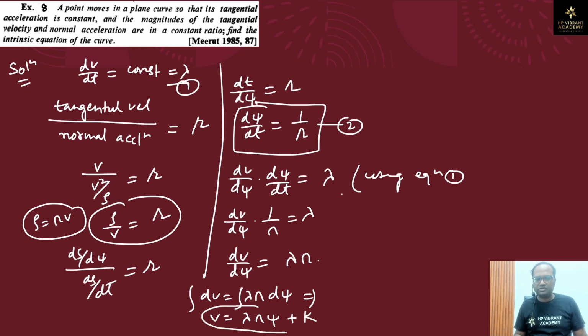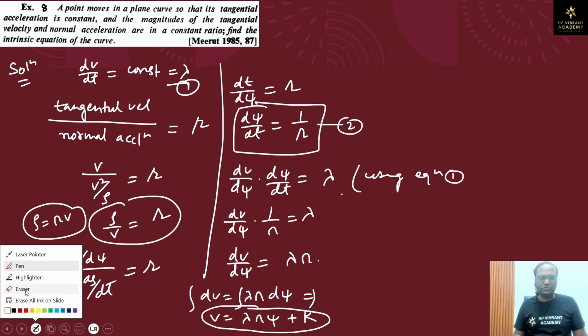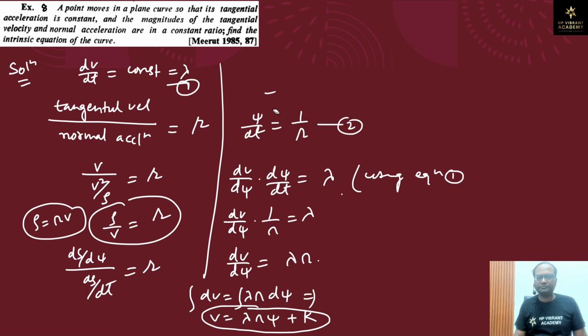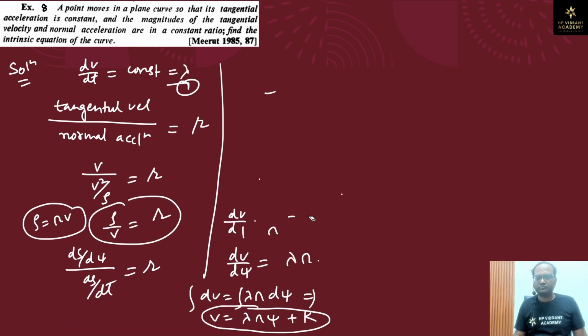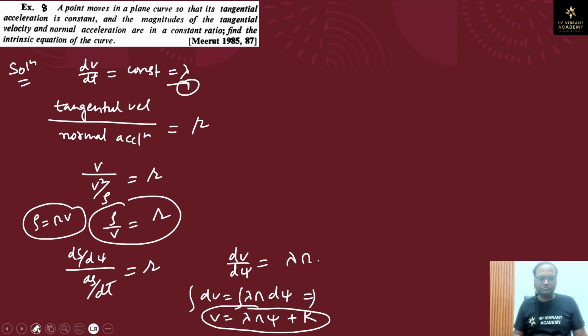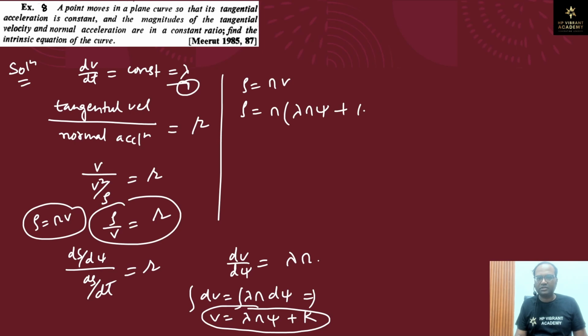Okay. So let us put this value in rho is equal to mu v. So rho is equal to mu into (lambda mu psi plus k).